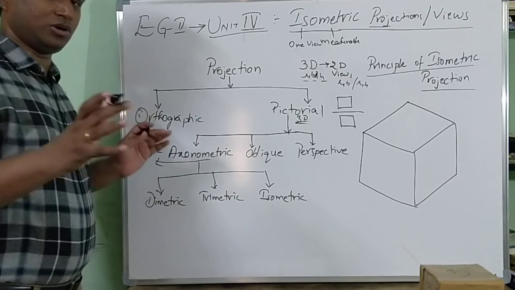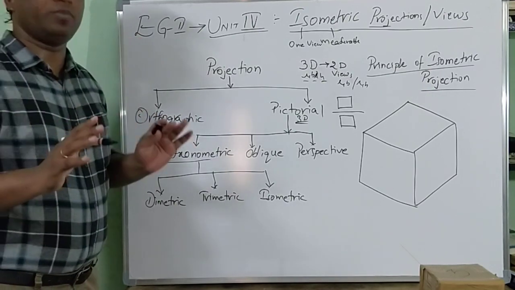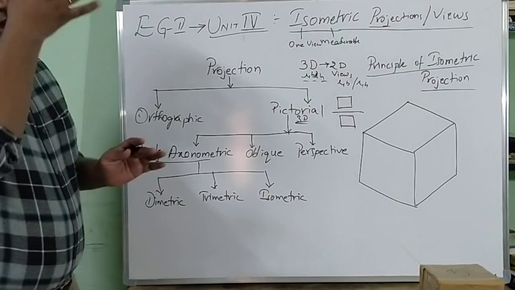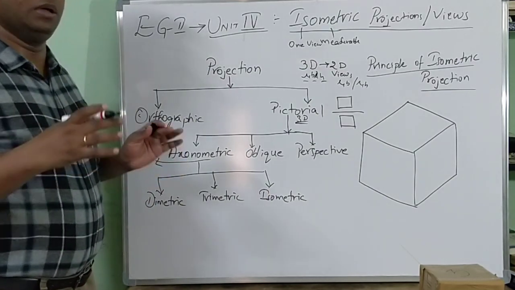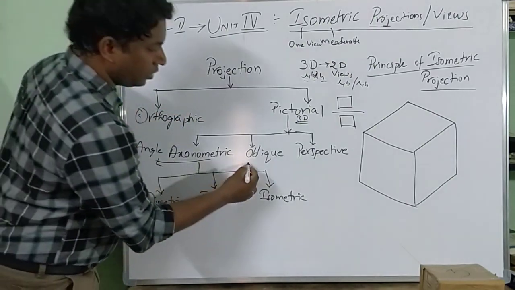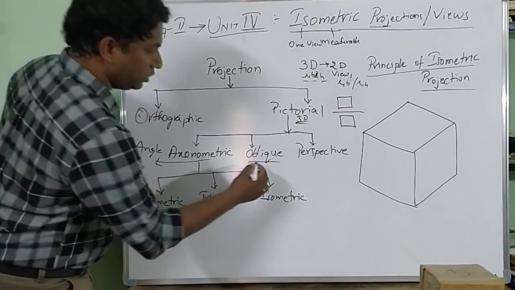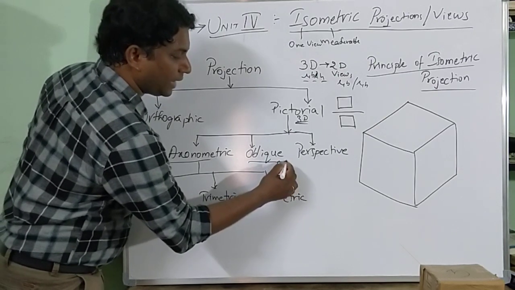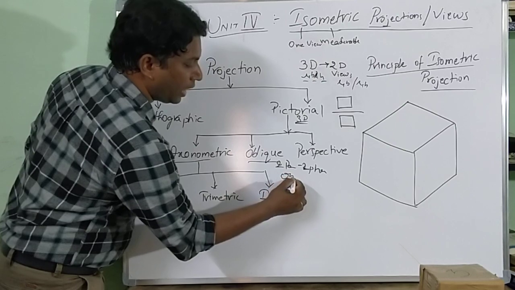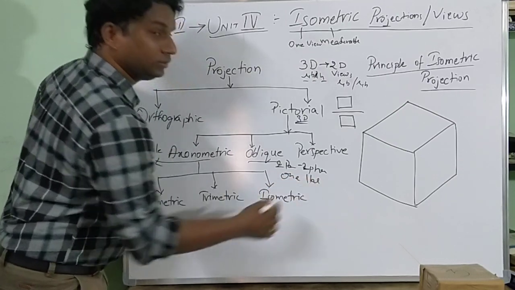This is not in our syllabus, but it is simple. Axonometric means the three dimensions used for three-dimensional pictures, length, breadth and height, are at different angles in each face. Oblique means two parameters will be in two faces and one will be parallel.